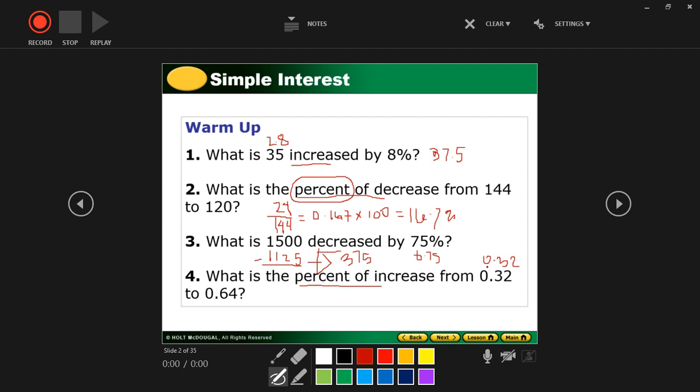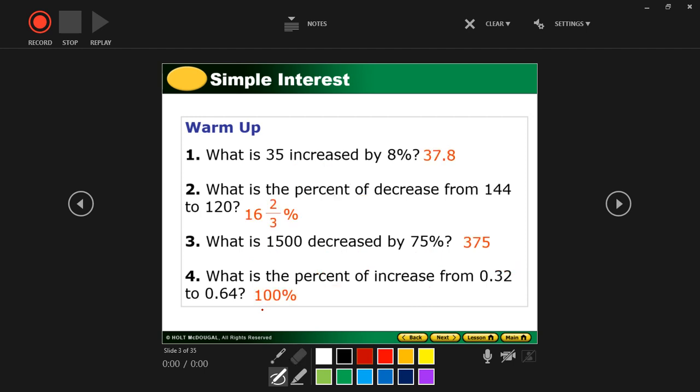So we divide 0.32 by 0.32, that is 1, times 100, that is 100%. Or you don't even need to solve it because they are the same number. So it's 100%. We added 0.32, the number itself, to itself to get 0.64. Let me repeat: decimals to percentage, multiply by 100. Percentage to decimals, divide by 100.